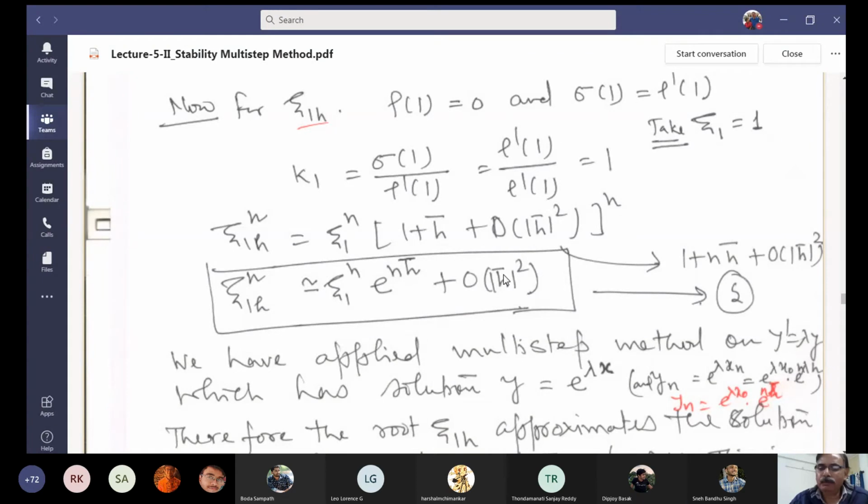What is the exact solution of this? It is y equal to e to power lambda x. At x_n, it will be e to power lambda x_n.